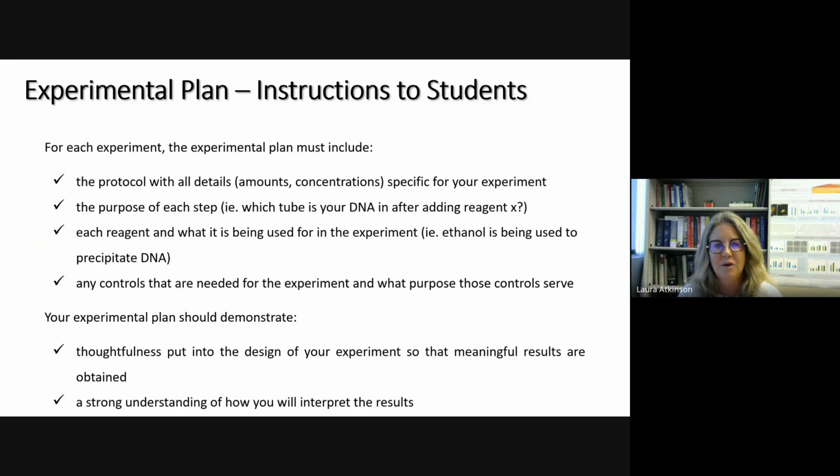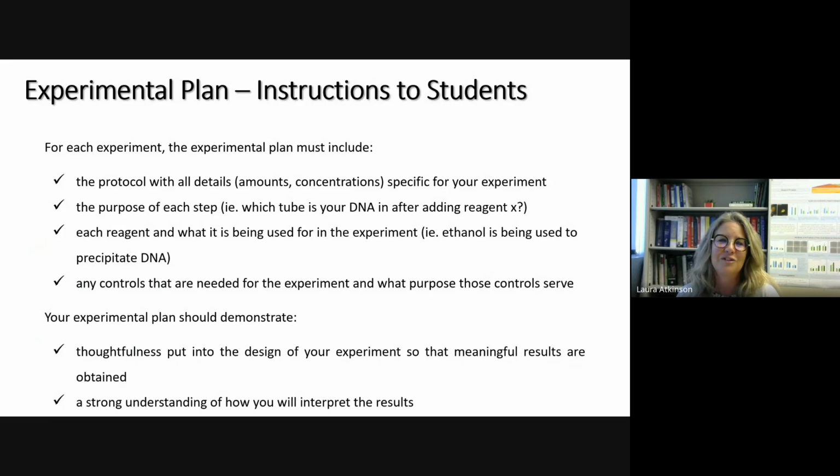But I do expect them, when they write their experimental plan, to go through and tell me the protocol with all the details. So, for example, when we take out a protocol, it might say, add X times 3 volume of your cells, or different things that you have to go and calculate. So they actually have to go and be completely prepared. They have to identify the purpose of each step, what the reagents are and what it's being used for in the experiment, and then any controls that they might need and what the purpose of those controls serve.